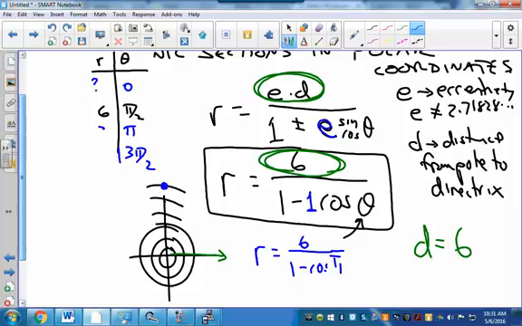So this is 1 minus the cosine of pi, and the cosine of pi is -1. That's the left side of the circle. So 1 minus minus 1 is 2. So 6 over 2, which is 3. Okay, so that tells me in polar coordinates, if I'm facing west, I just go 3 units. 1, 2, 3. Okay, so there's a dot.